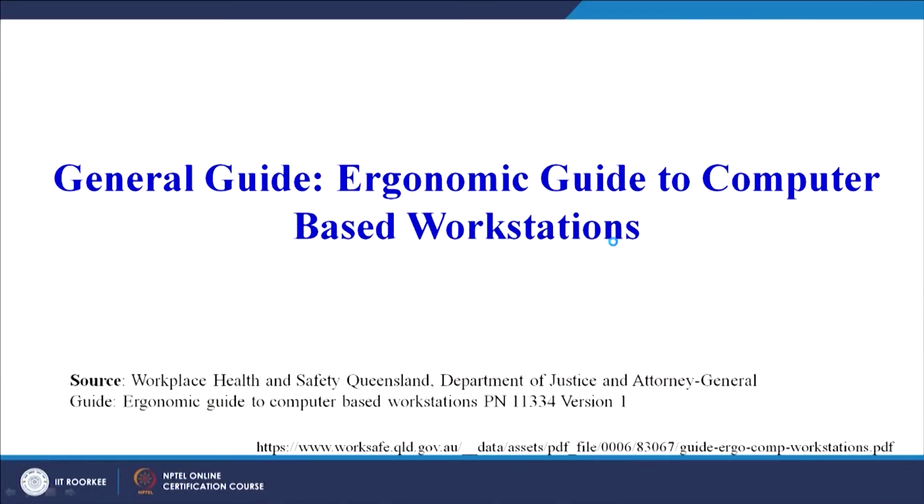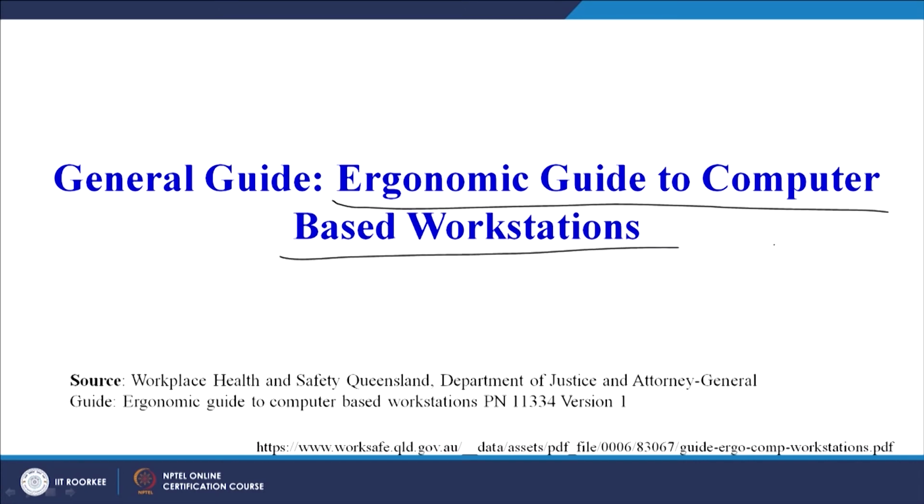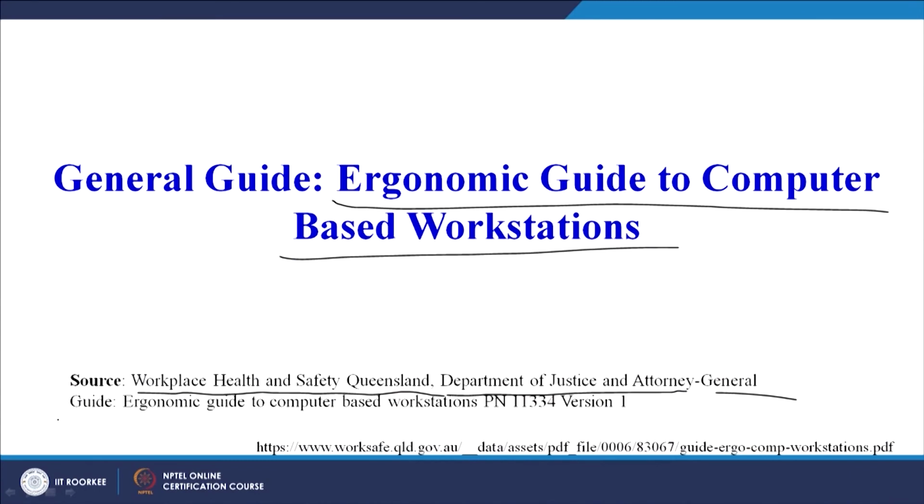The specific guidelines we have already seen in our previous slides, and I will stop here because this is a general guide, an ergonomic guide to computer based workstations, and the source is given: the Workplace Health and Safety Queensland, Department of Justice and Attorney-General guide, Ergonomic Guide to Computer Based Workstations.